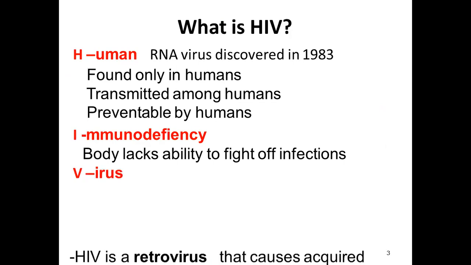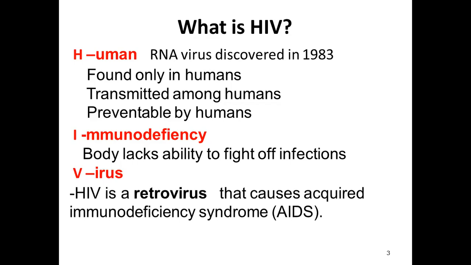V stands for virus. And remember that this is called a retrovirus. The word retrovirus is a term used for viruses which have an enzyme called reverse transcriptase. Reverse transcriptase helps an RNA virus convert into DNA.